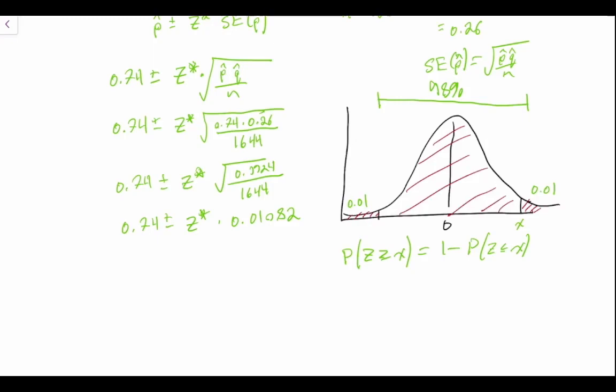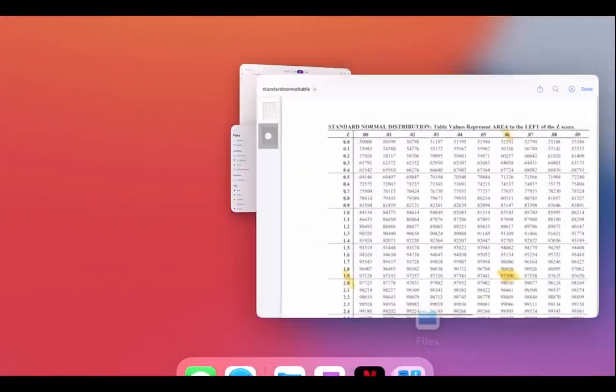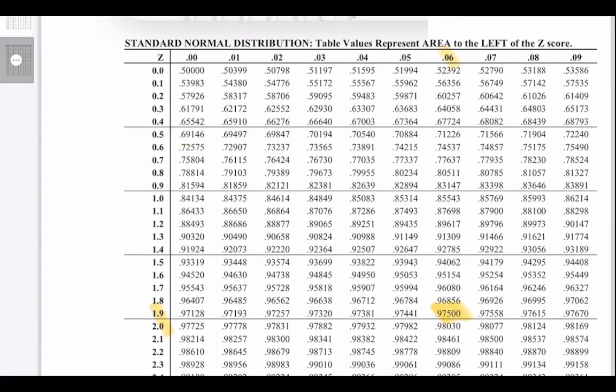What we're looking for is the probability to the left, which is 0.99000. That's the z star value that we're looking for, an area to the left of 0.99000. So let's go to our z table.